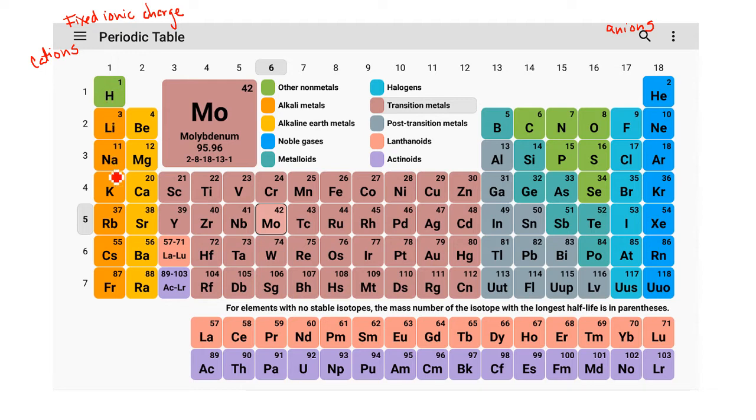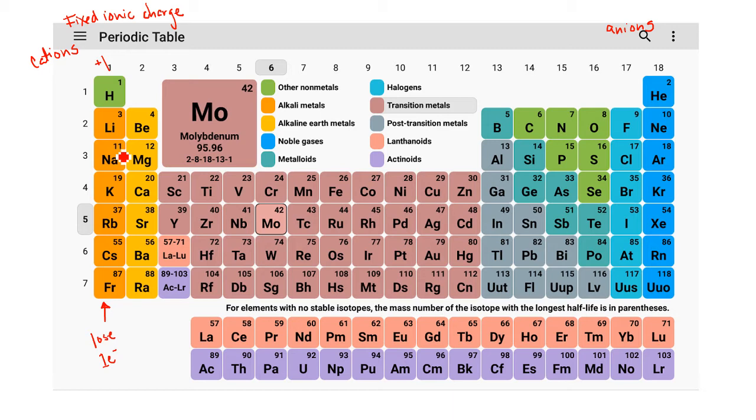Every element in group 1, when given an opportunity to take or give electrons, always loses one electron. Okay, that's what they do when they enter into chemical reactions. They lose one electron every time. They're really predictable. It's what they need to do to be stable. If they lose an electron every time, then their ionic charge is always going to be a positive 1.